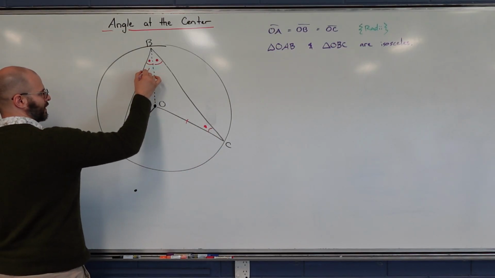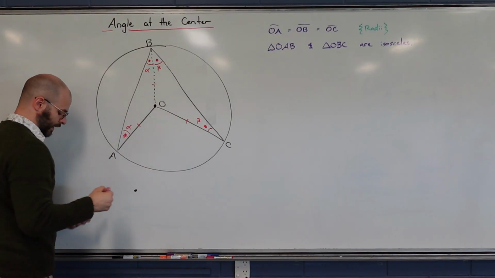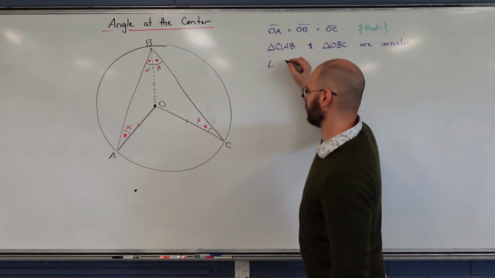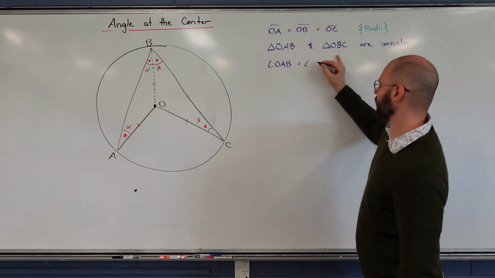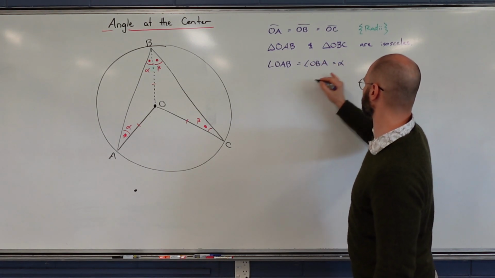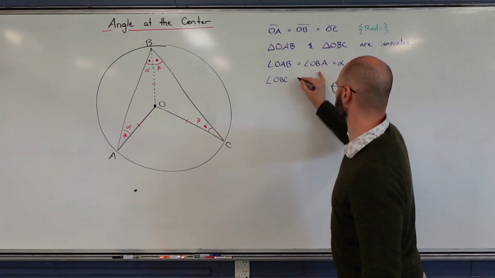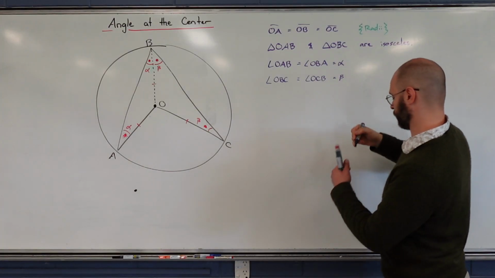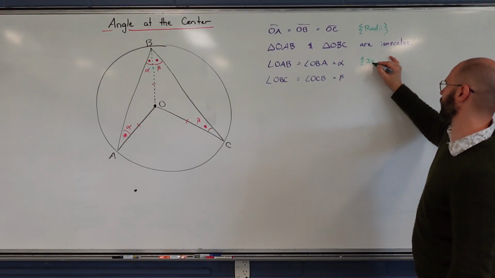And we're going to call these alpha and beta, just like that. Now, reasoning for this is isosceles triangle.